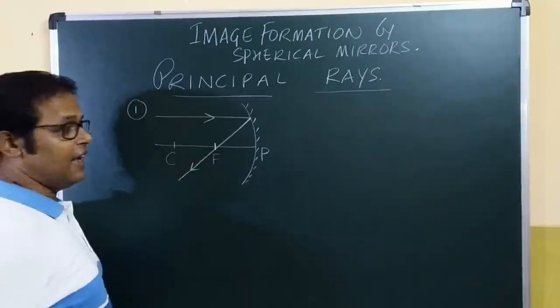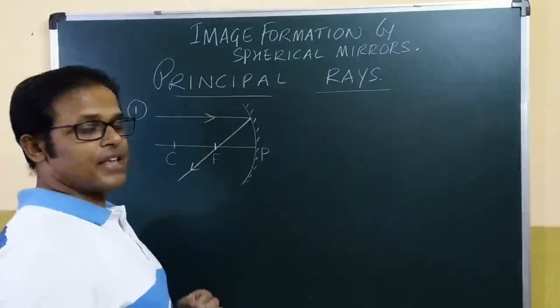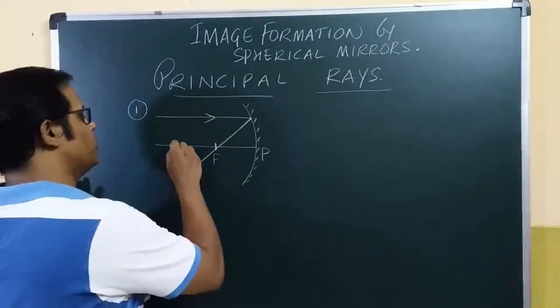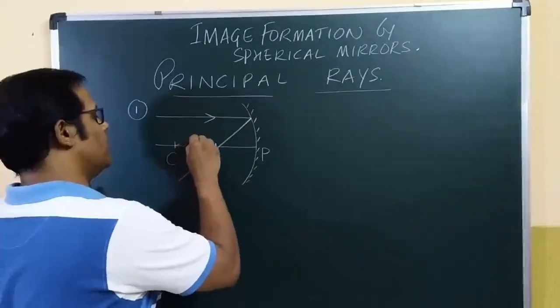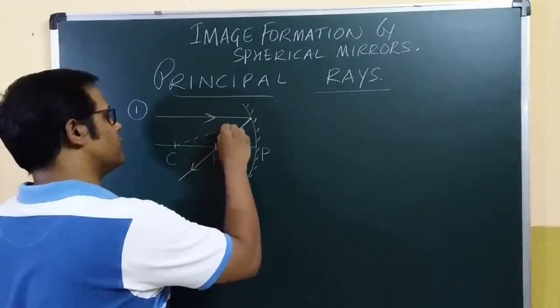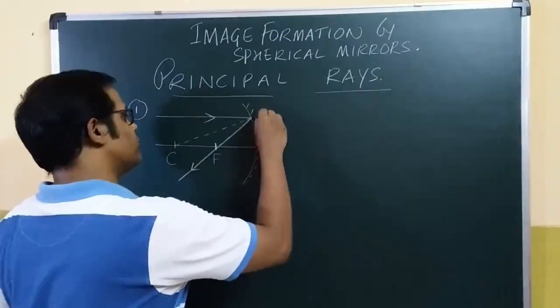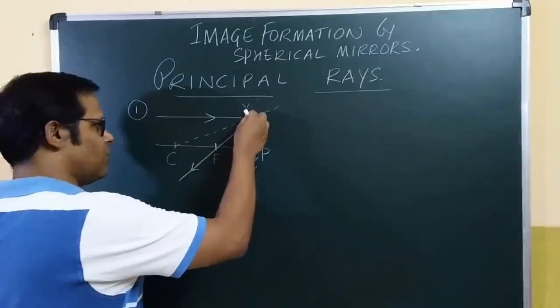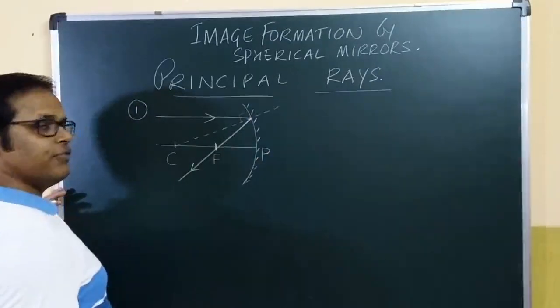So in this case, if I ask you which one is the angle of incidence and angle of reflection, just be cool and draw your normal right from the center of curvature, passing right through the point of incidence. Very simple. This always makes an angle of 90 degrees with the surface.